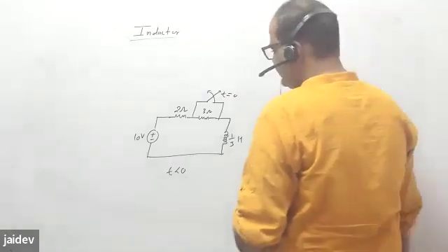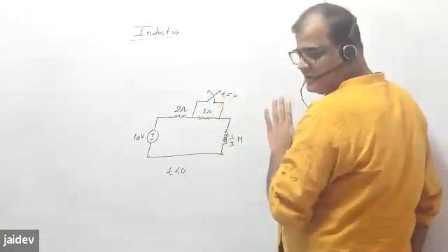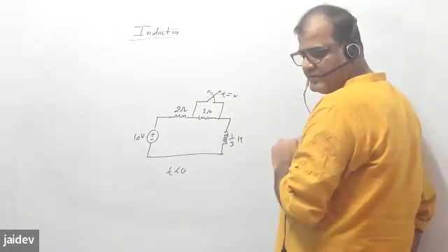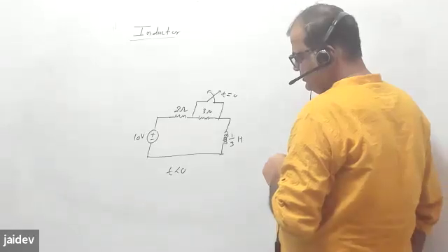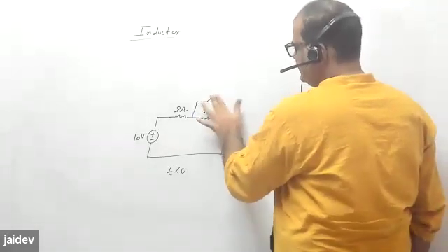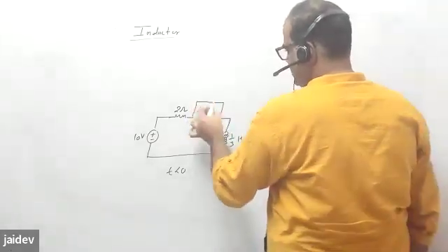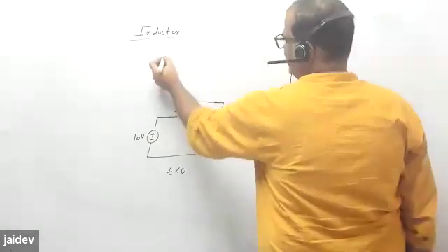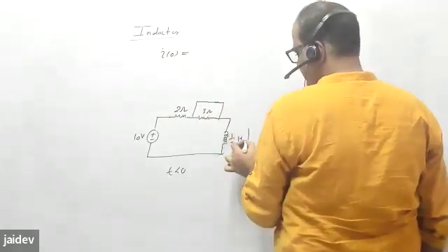So I'm making this closed. So 2 ohm, 3 ohm, and now this becomes short. Tell me, what is I naught here?